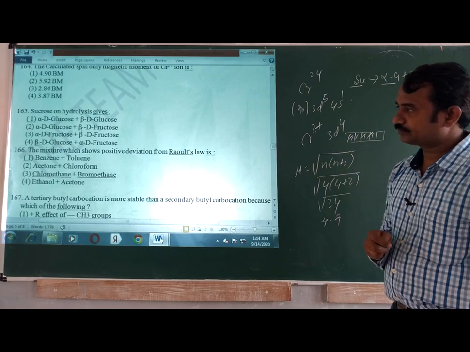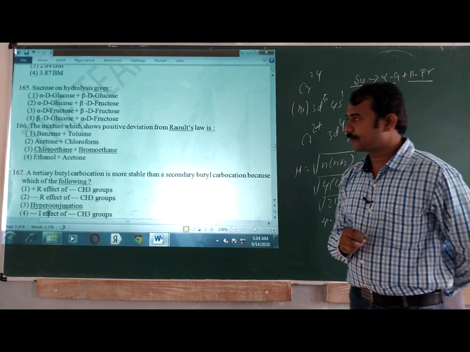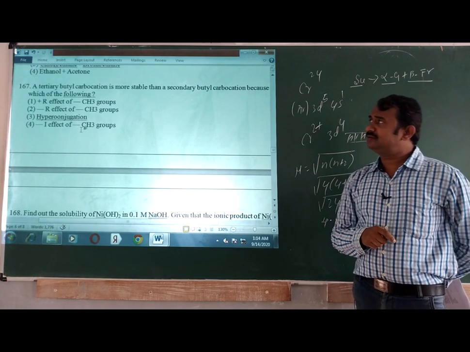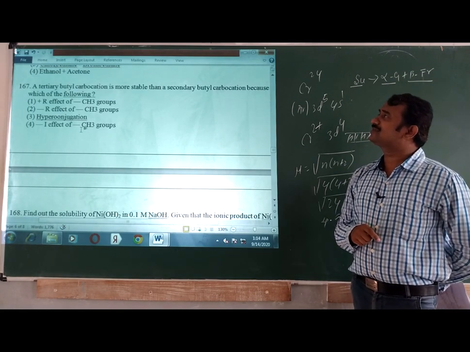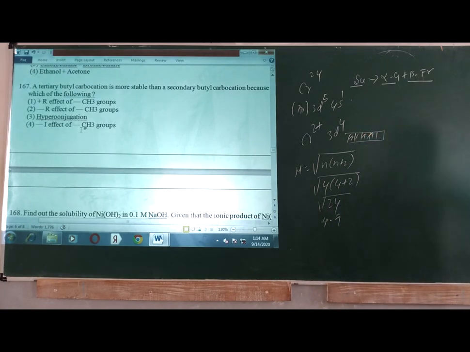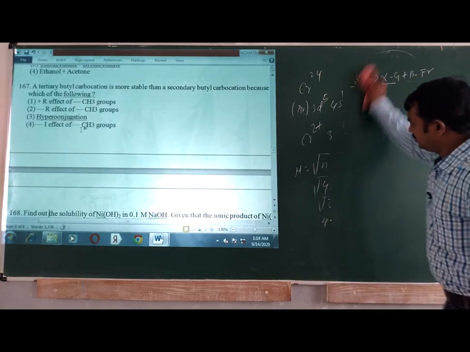Next one, a tertiary butyl carbocation is more stable than secondary butyl carbocation. We can observe the stability of carbocation.